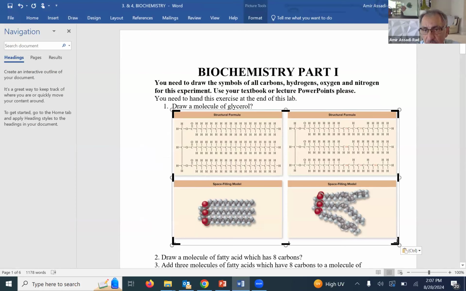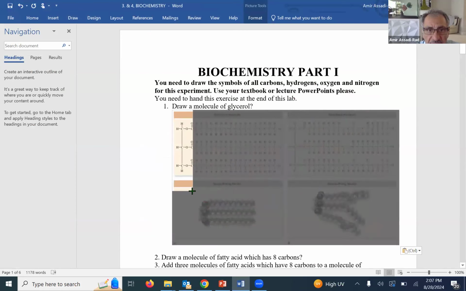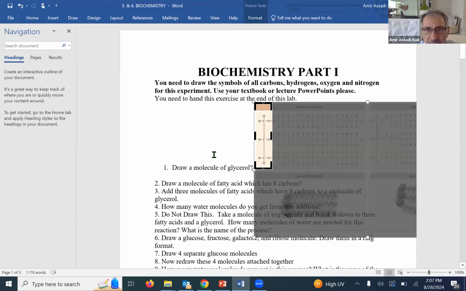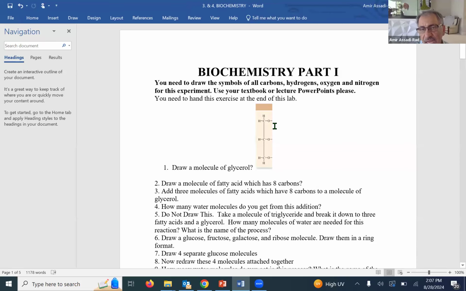So a glycerol molecule is this one right here. So you want to bring it up. There is one hydrogen attached to the oxygen as well. So your textbook failed. I should copy it from another document, and I will put it in your lecture notes.